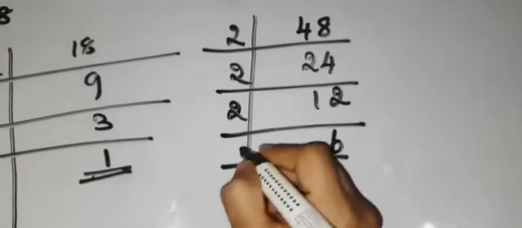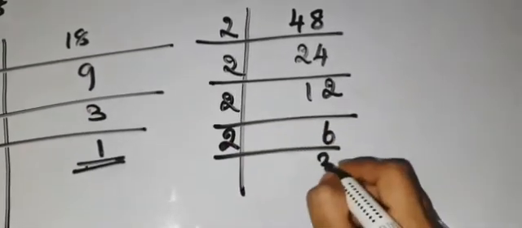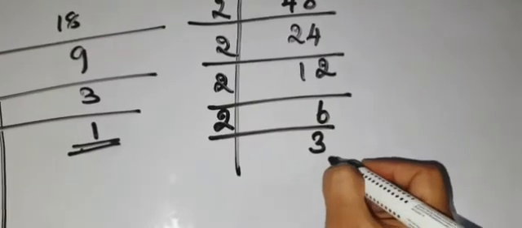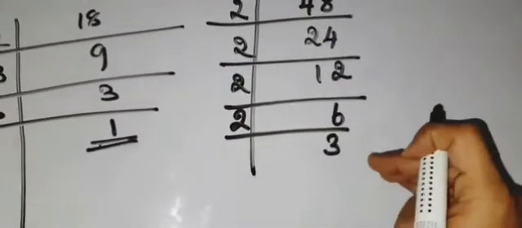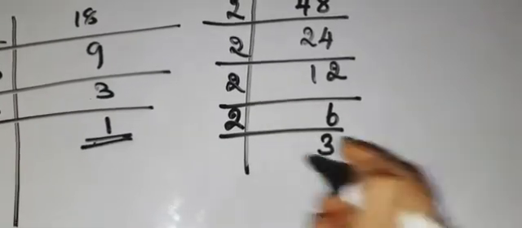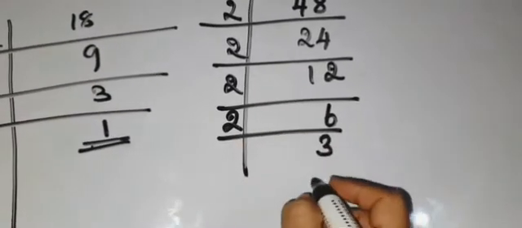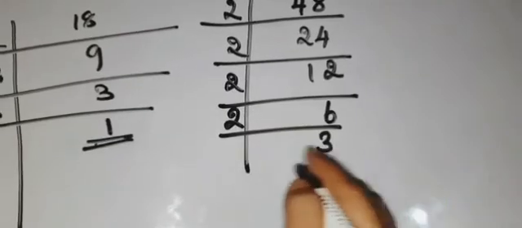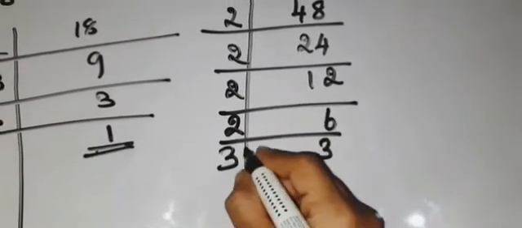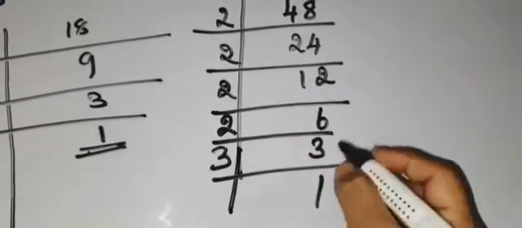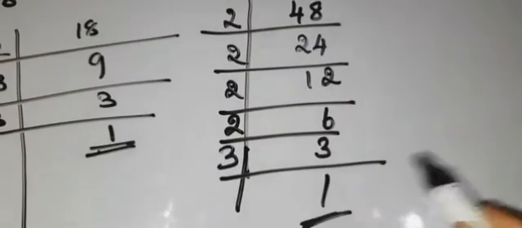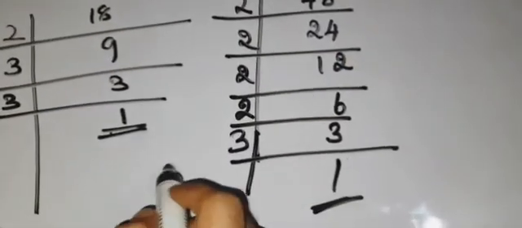This 6 is divisible by 2, 3 times. So if it was a factor tree, we would have stopped here itself. Now this is the long division method, so until we get the remainder as 1, we are going to solve it. So 3 1s are 3. So we got the remainder as 1. This is the first step.